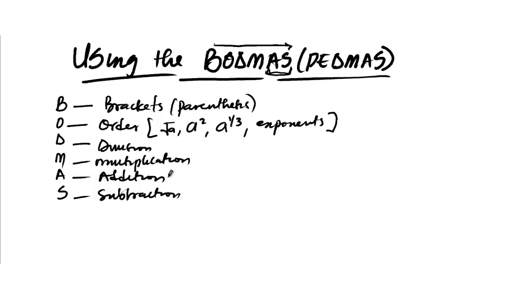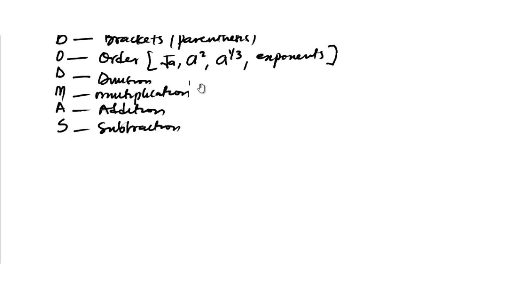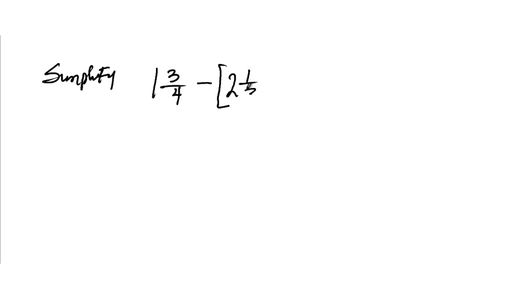So now the question is, how do I apply this concept of BODMAS? Let's look at a simple example of the use of BODMAS. For example, this question says simplify: 1 whole number 3 over 4, minus parenthesis, 2 whole number 1 over 3, plus 4.